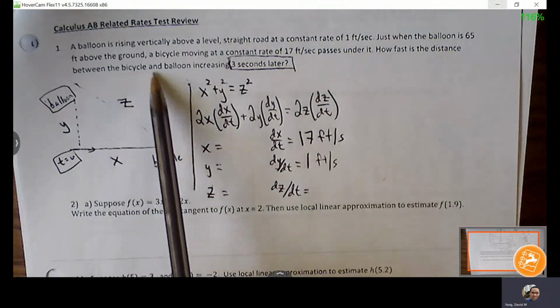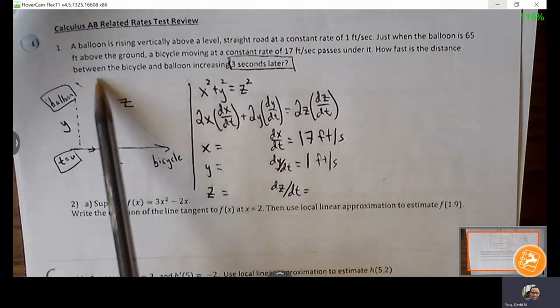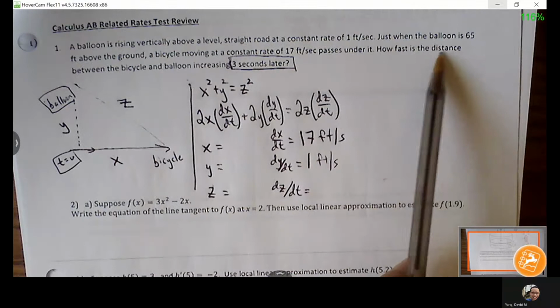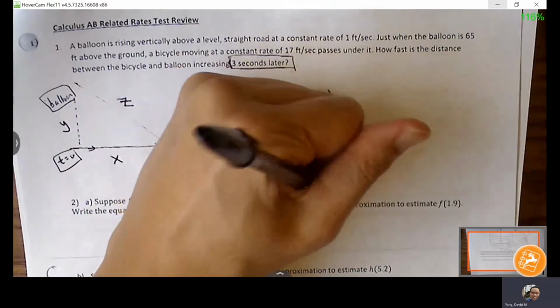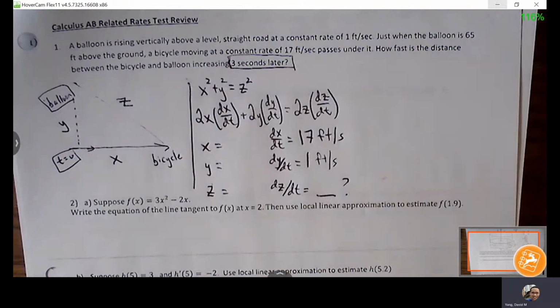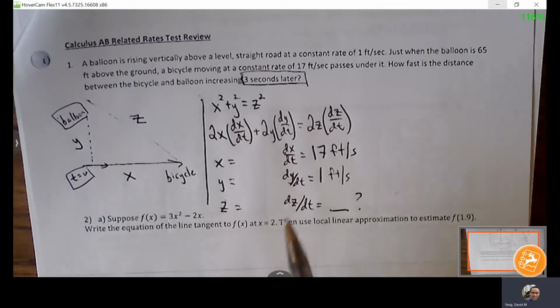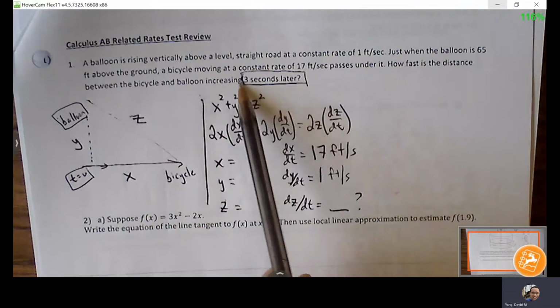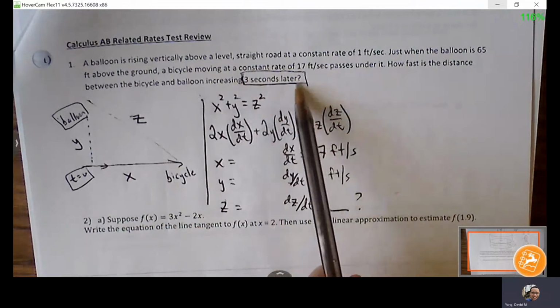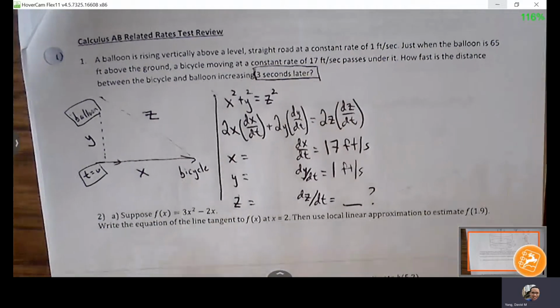How fast is the distance between the bicycle and the balloon increasing? What are we looking for? Yeah, that's our ultimate goal here for this problem. Now, we have to figure out how the triangle looks 3 seconds later. Okay, let's talk about that for a moment.